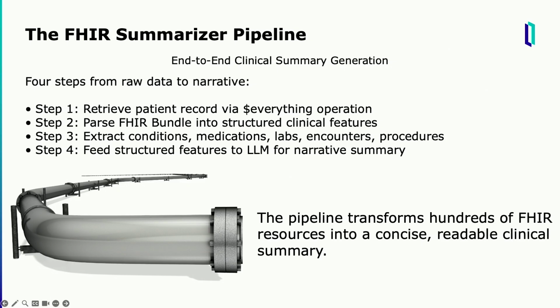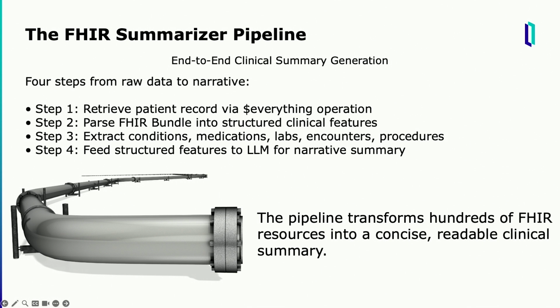The summarizer pipeline that I'm going to show you in a few minutes is a concrete implementation of this architecture. First, we retrieve the patient record, often with a $everything request using the FHIR APIs. Then we get back a search set bundle that we parse.